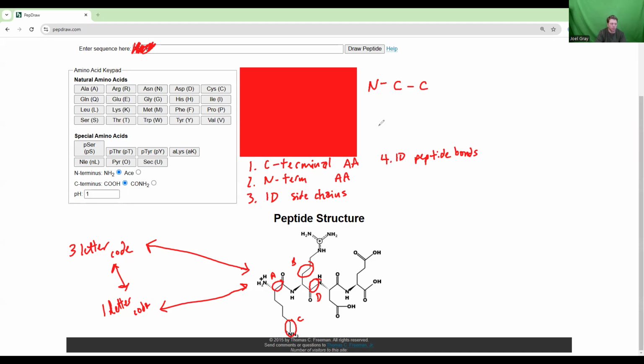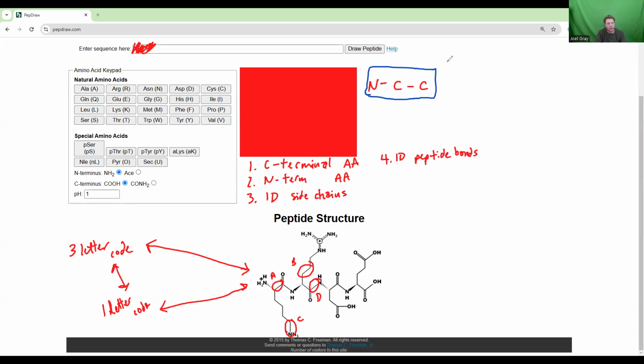Okay, great. So whenever I look at an amino acid or a peptide, I have this NCC built in. That's what I'm looking for.